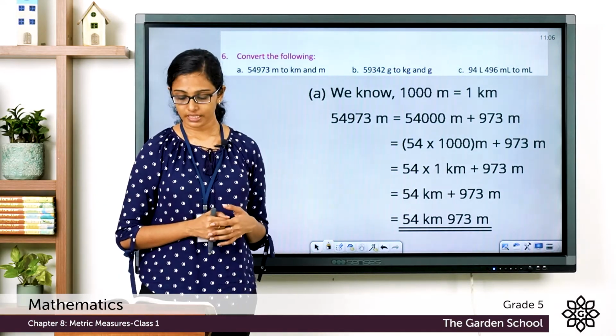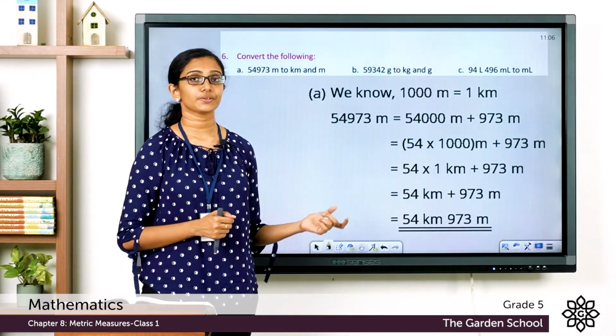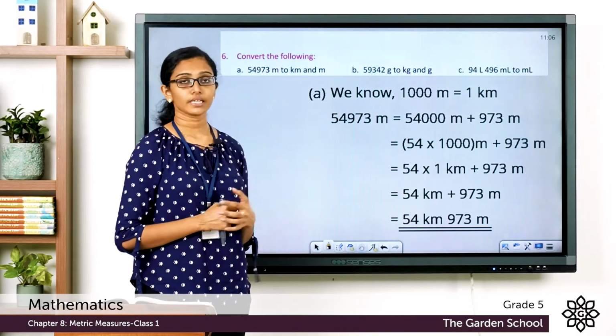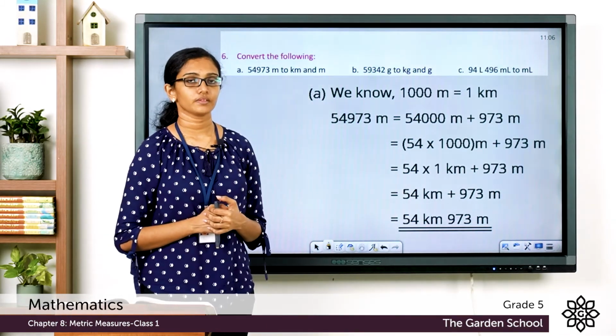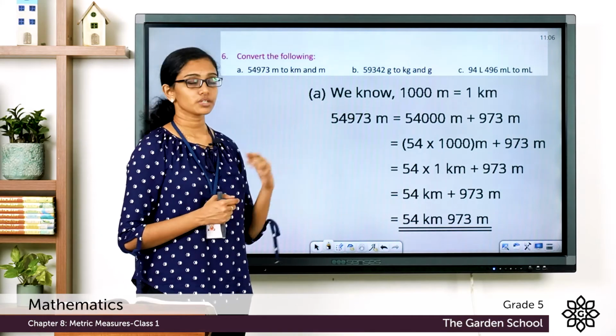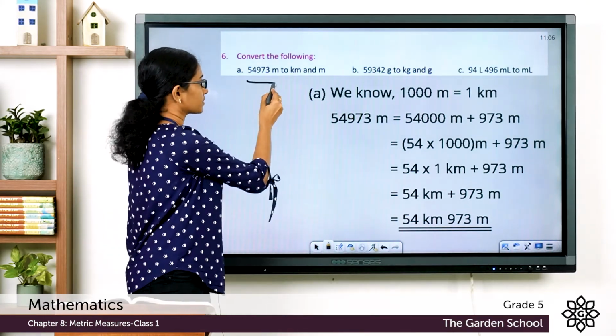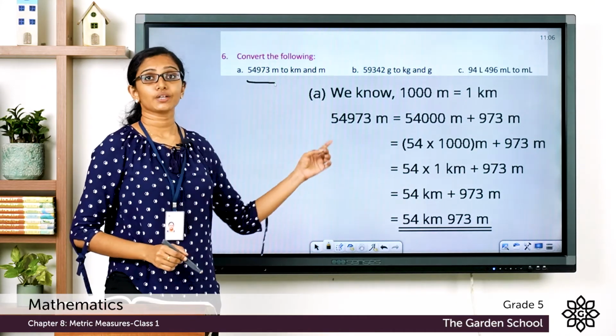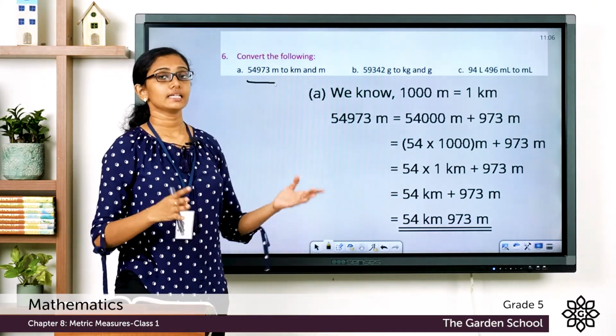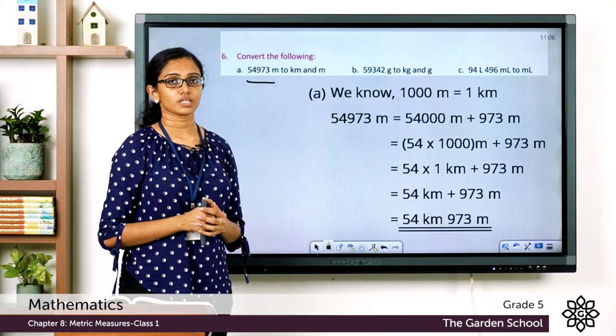The first question is to convert 54,973 meter to its equivalent kilometers and meter. And we have already learned 1000 meter is equal to 1 kilometer. And look at this measurement given here. 54,973 meter is a little more than 54,000, right?